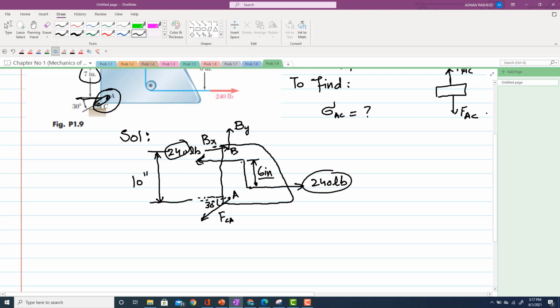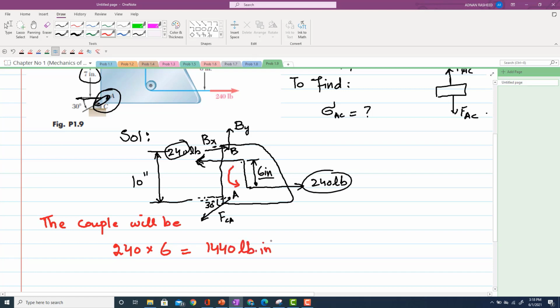So definitely these forces will produce a couple, and the couple will be counterclockwise. What will be the couple? It will be 240 pound into the perpendicular distance, which is 6 inch. So it will give you 1440 lb-inch.